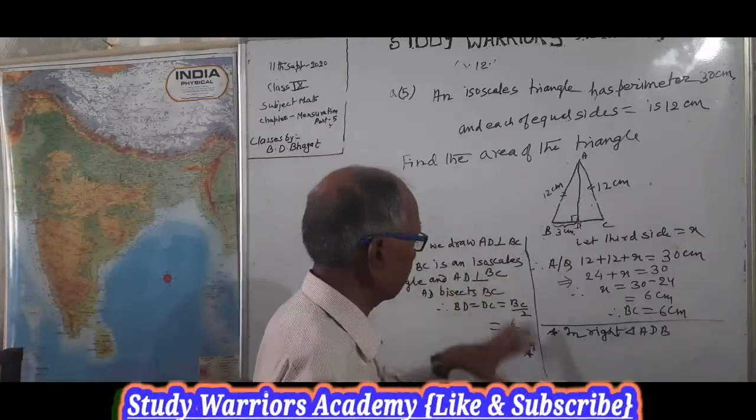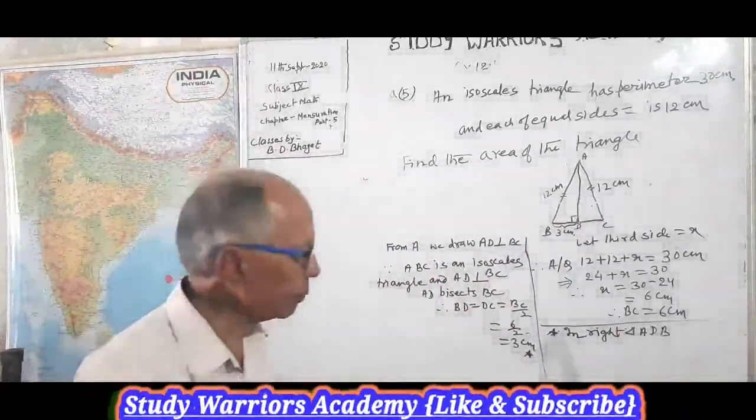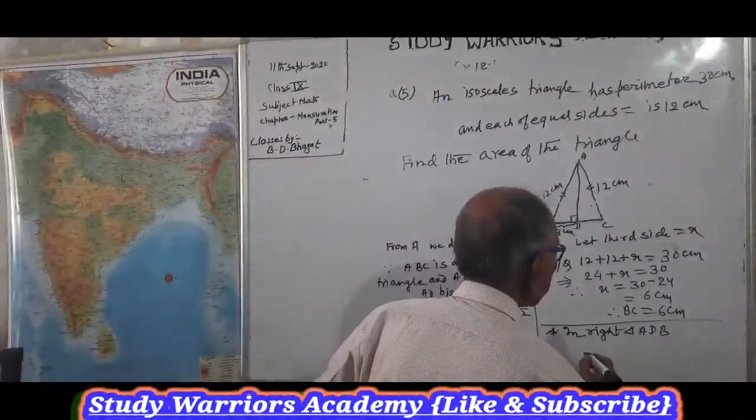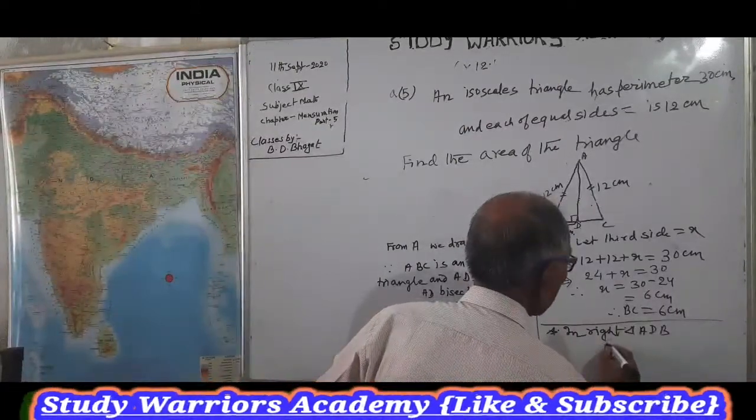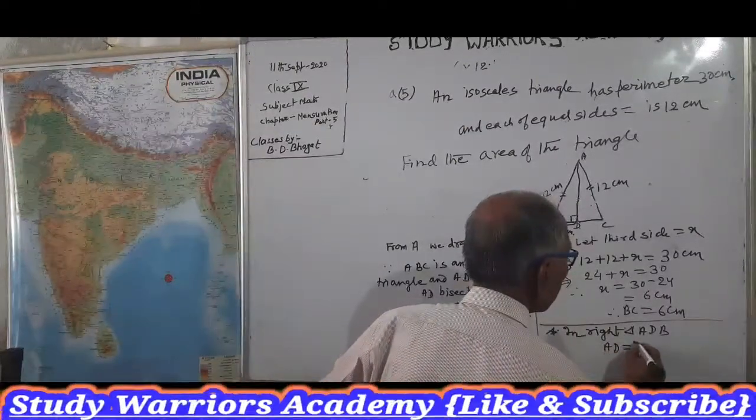So hypotenuse is given and one side is given. For the second side, you know the formula. You have to find AD.